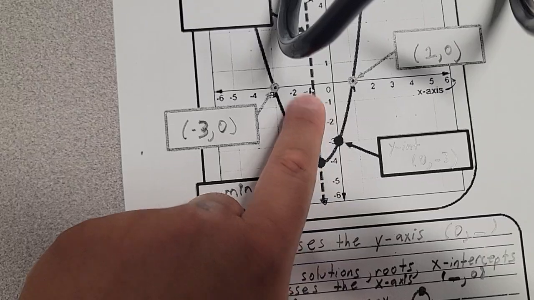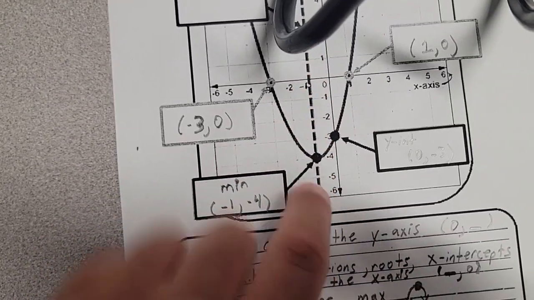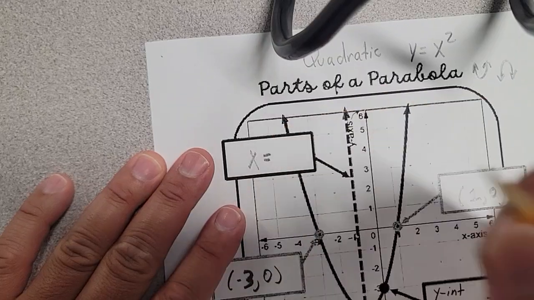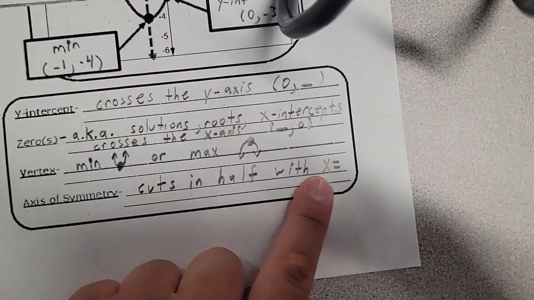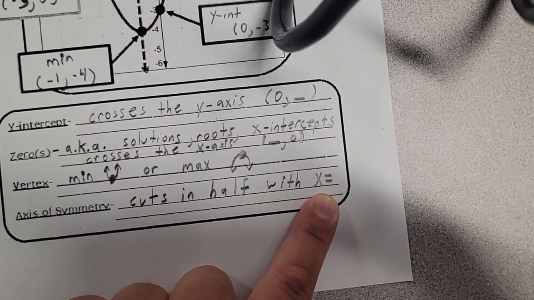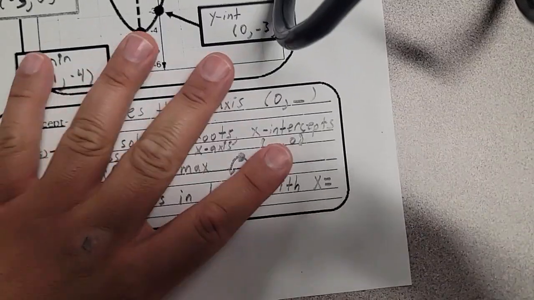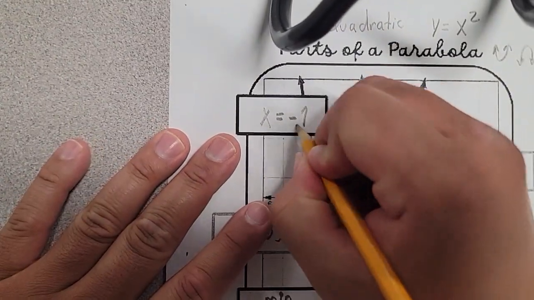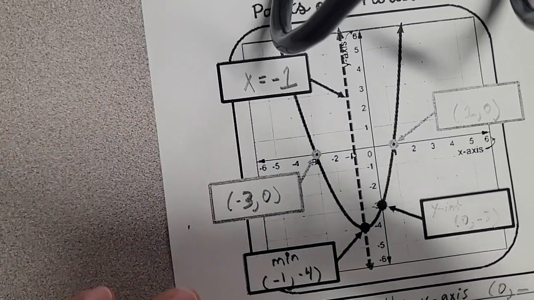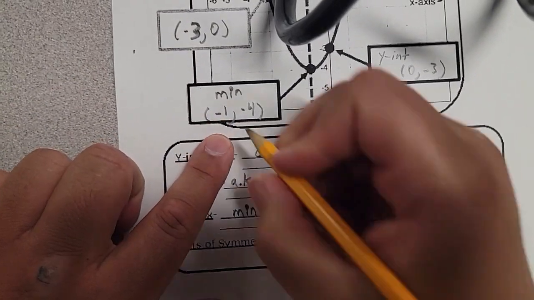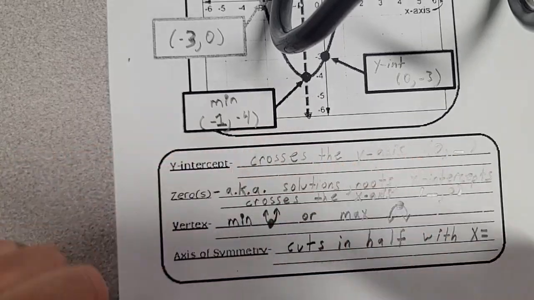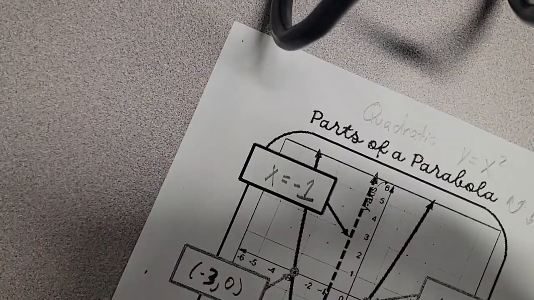You notice? -1, that's where it's cutting. So my answer for the axis of symmetry is going to be x equals, because it's always going to be an x equals line. Always goes up and down. And -1. Okay? So you see the vertex has a lot of answers. These numbers are very, very important, and you'll see why a little bit later.